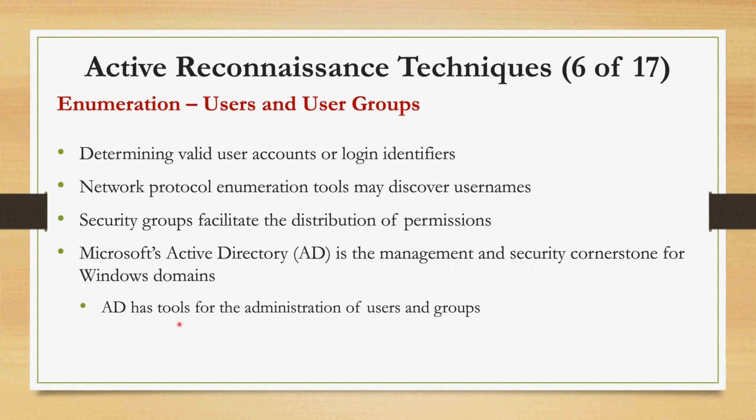One of them is called BloodHound. This one maps relationships between users, groups, and systems to identify privilege escalation paths. Another one is called PowerView, which is part of PowerSploit, used for Active Directory users, groups, and permission enumeration.